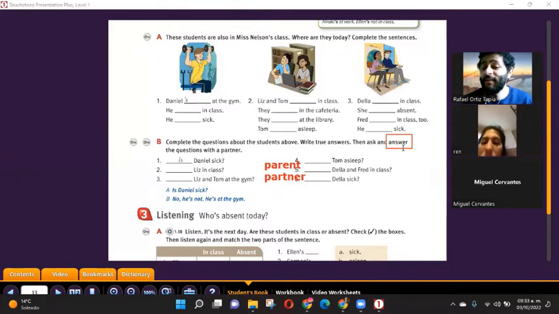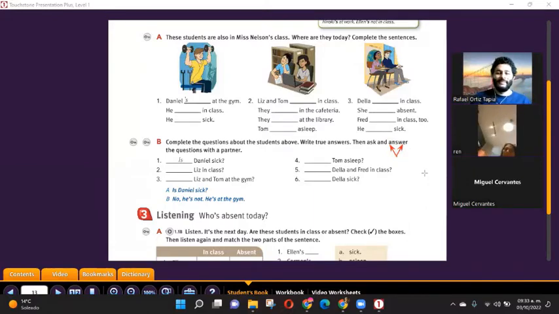In this word, the W is silent. You don't pronounce the W. Answer. By the way, this A and this E are the same sound. Answer. Perfect.